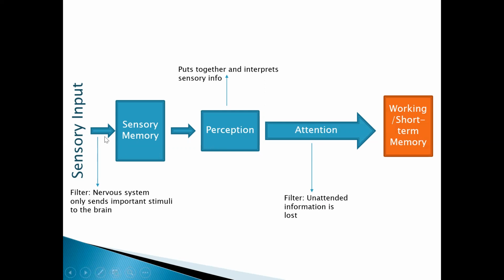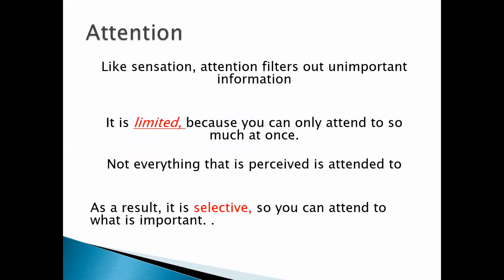So remember that we lose information here at initial sensation by the two thresholds, right? Absolute and difference. Then whatever gets activated, we put together in perception, and then attention is this second stage where we really start to filter things out. Now, your textbook goes through a number of different attention models, and the real difference between those models is at what stage information gets filtered out.